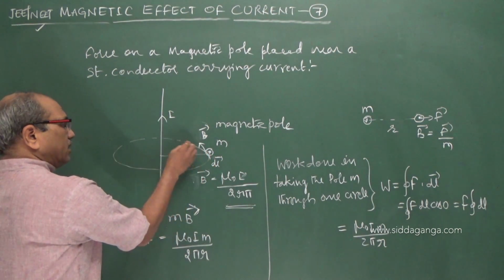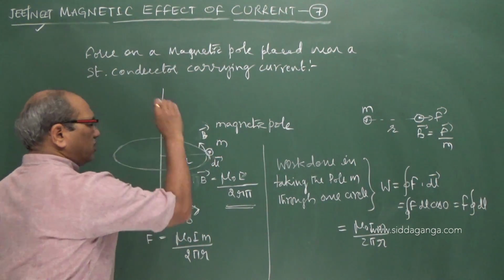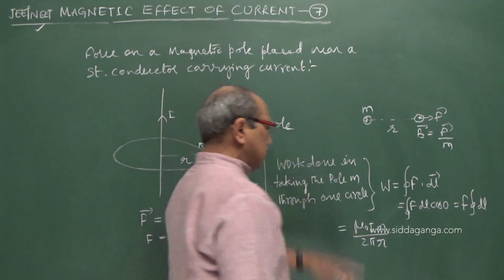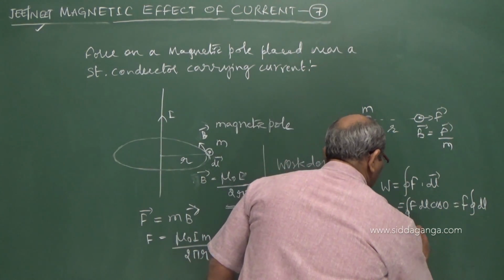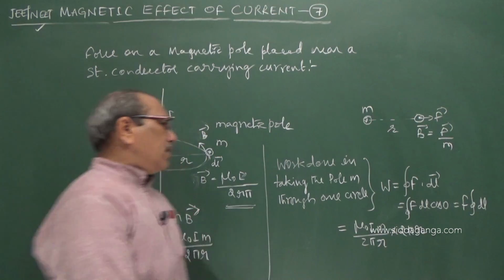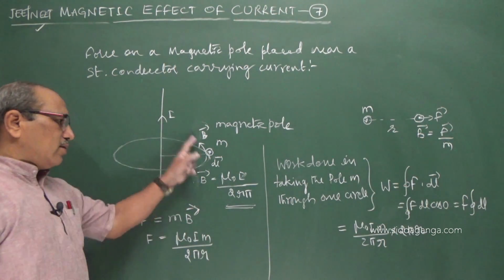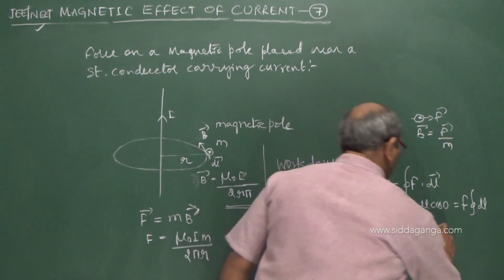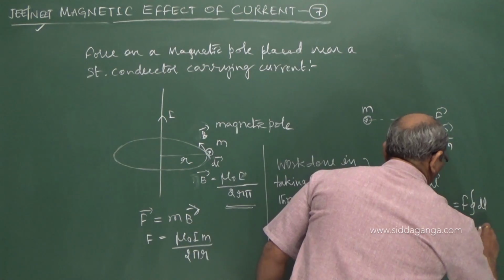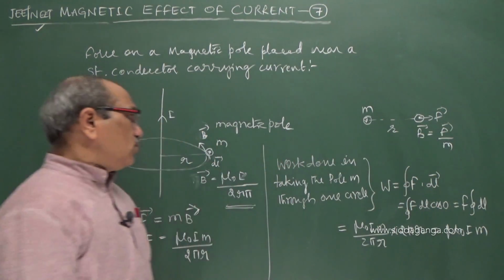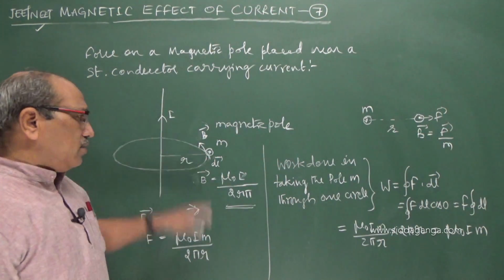Work done in taking one revolution round the conductor in the magnetic field is this force into the line integral of length, which is 2 pi r. Cancelling, we get mu naught I M. This gives you the work done in taking one round.